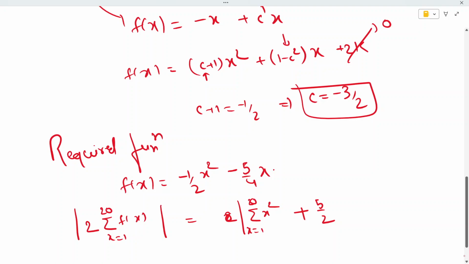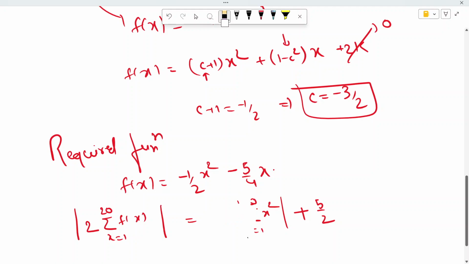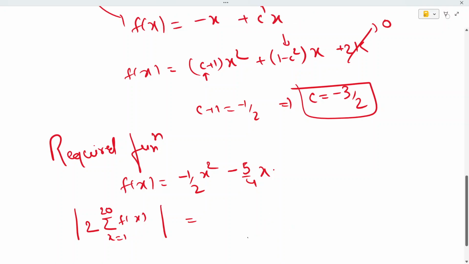So the summation will turn into, let me clearly write for you, otherwise you will get confused here. Now nothing more is required, you just have to do mod.